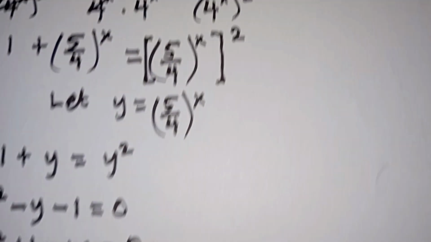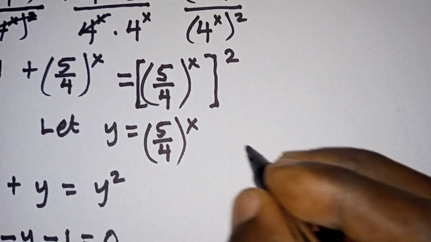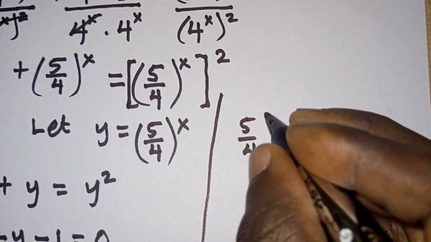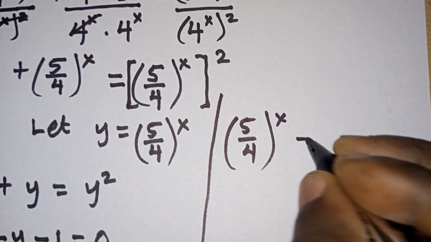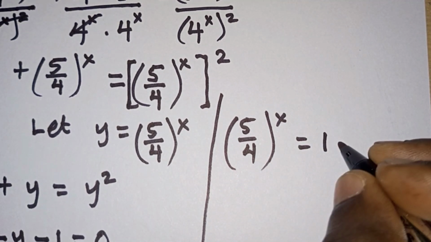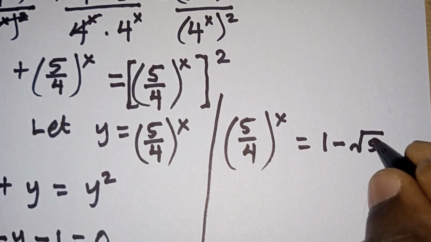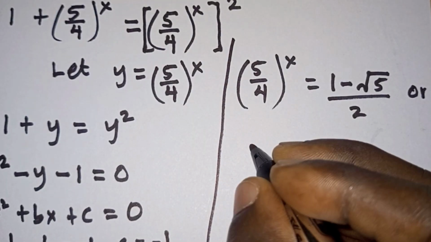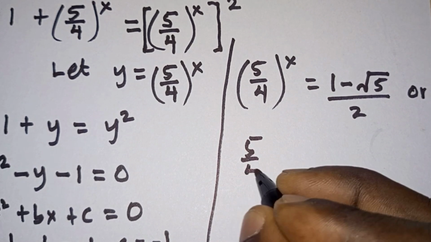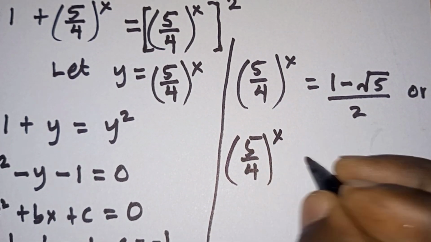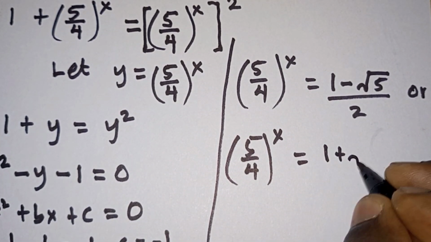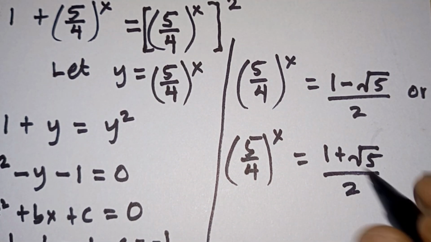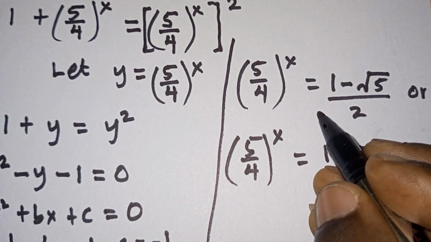So we see that from this equation over here, 5 divided by 4 all to the power x is equal to 1 minus square root of 5 divided by 2, or 5 divided by 4 all to the power x is equal to 1 plus square root of 5 divided by 2.